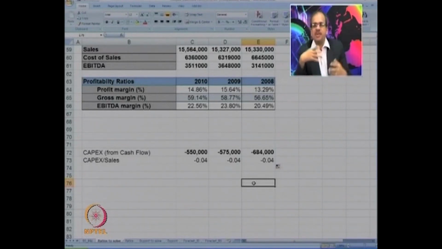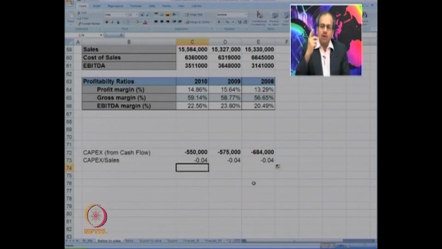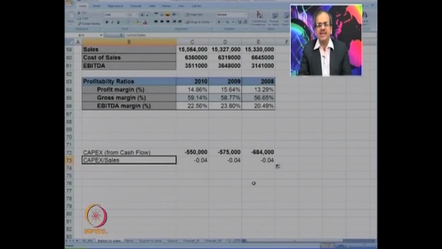It means there are expansions, taking over of new companies, which is all counted in capex. So, a high positive figure of capex shows the growth of the company, and it is a ratio which attempts to link the capex to sales. So, what percentage of money is the company spending for future growth?